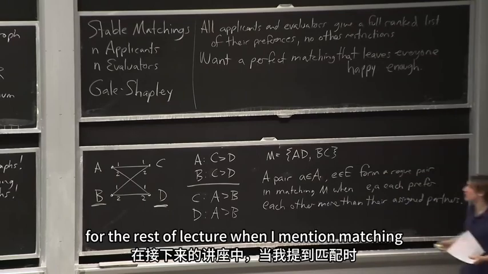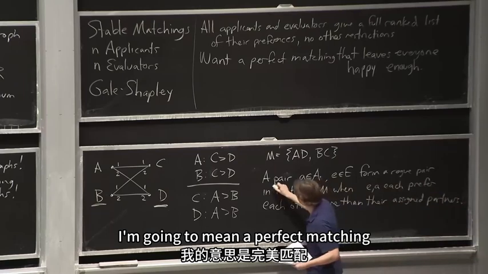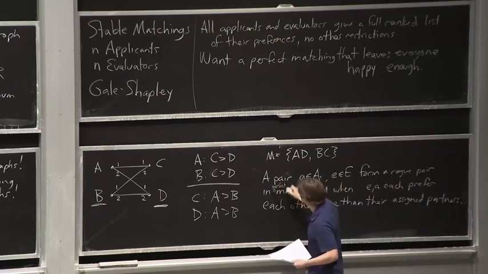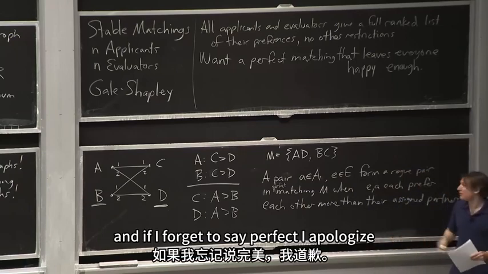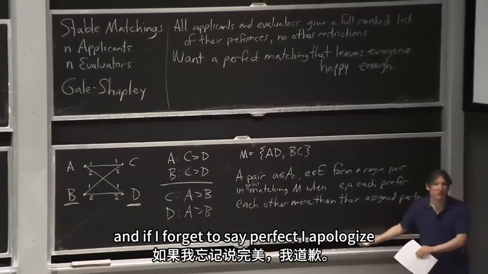And by the way, for the rest of lecture, when I mention matching, I'm going to mean a perfect matching, because we're trying to match all the applicants to all the evaluators. And if I forget to say perfect, I apologize, I mean perfect.